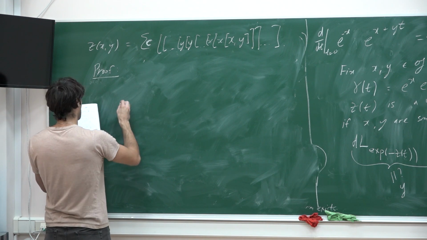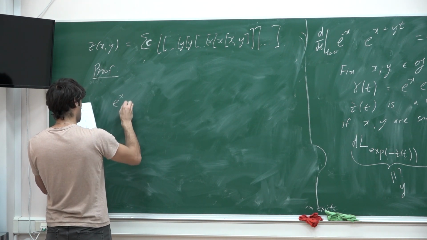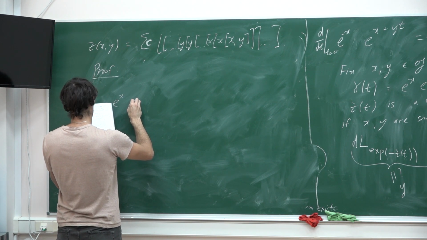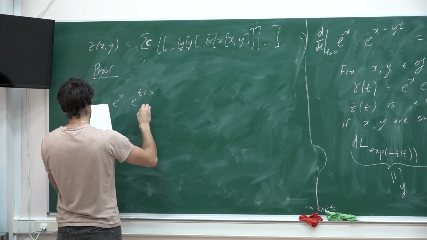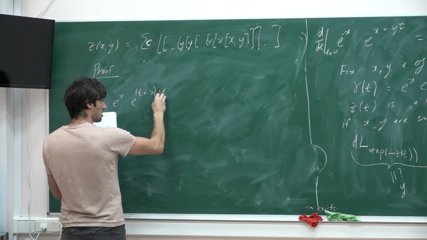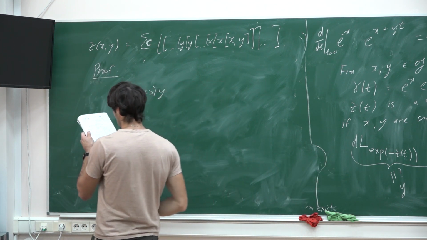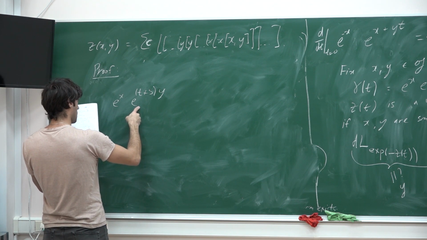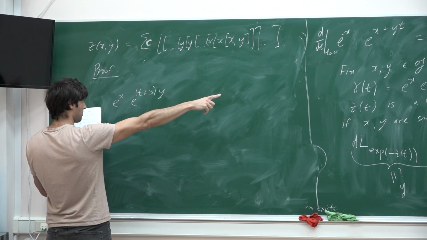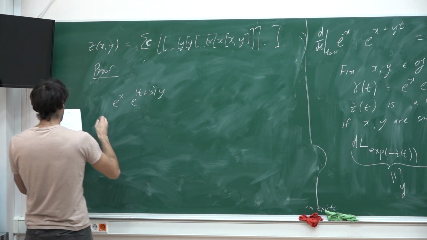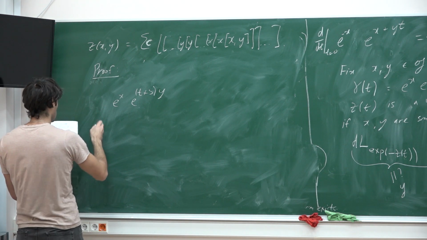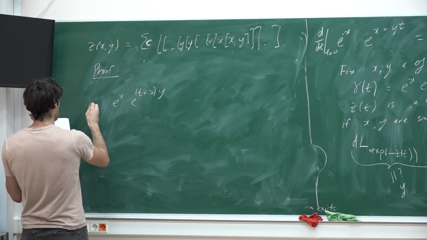I will get e to the x, e to the t plus s. So this is simple. Let me just write the formula. So this is gamma of t plus s, and then I apply dl of exp minus zt.